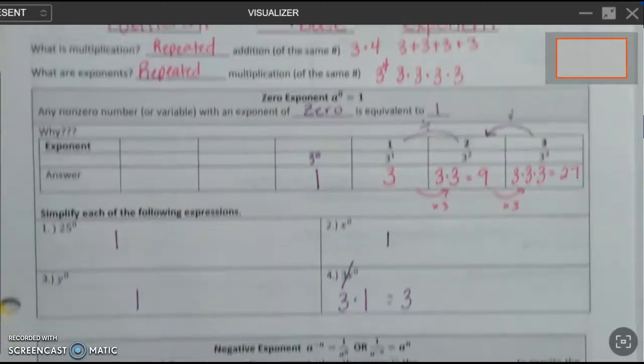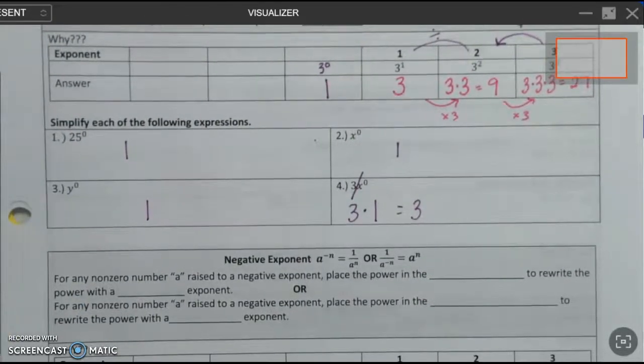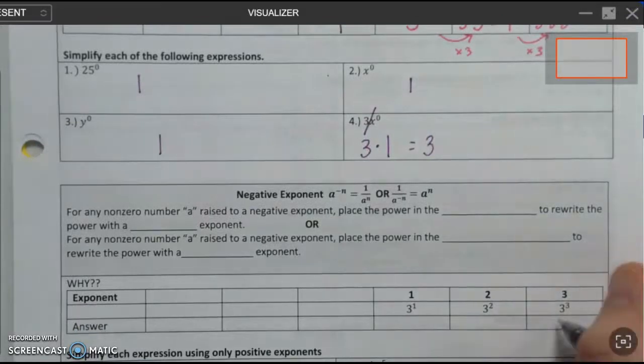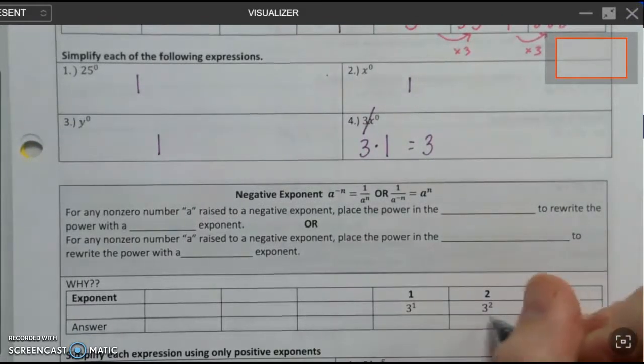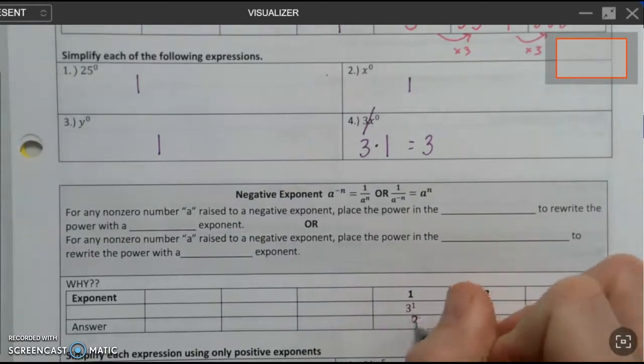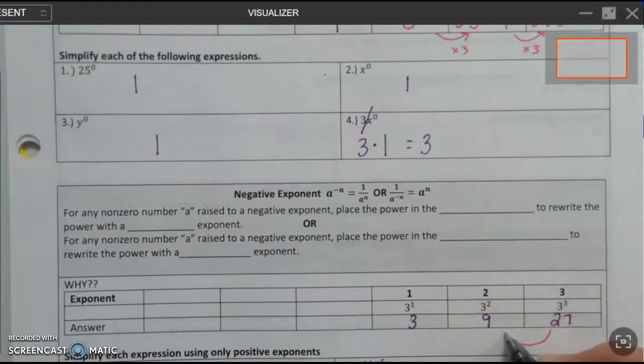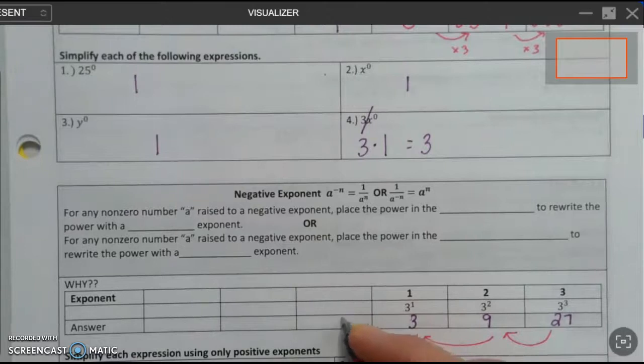Our second rule deals with negative exponents. On my chart from before, I knew that this was 27, 9, and 3. We already talked about how if you divide by 3, it gets you backwards to the next lowest exponent. 3 divided by 3, we said that's 1.